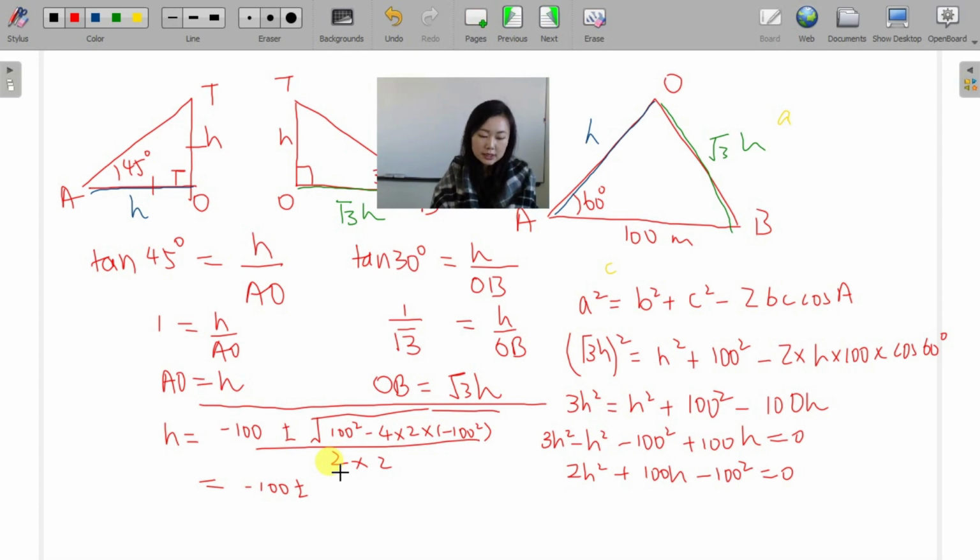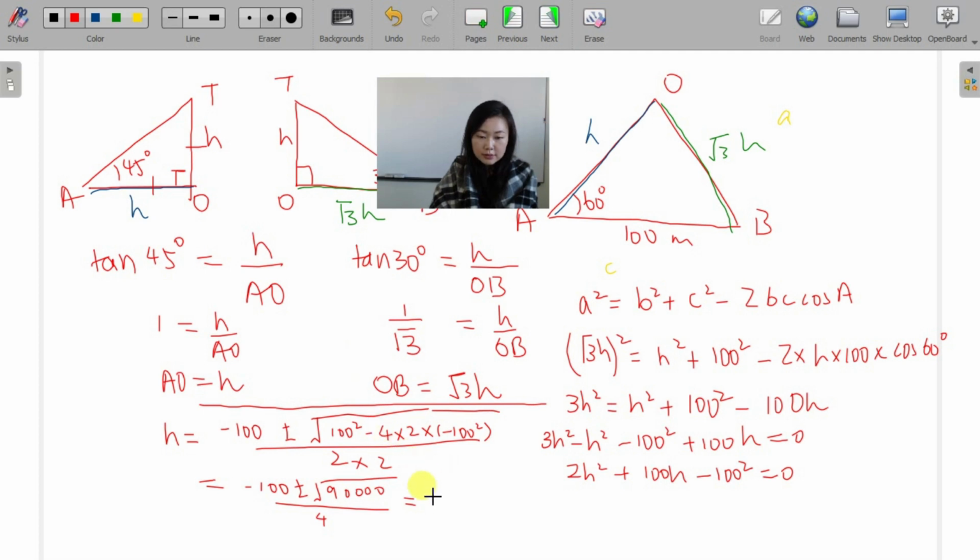It just makes it easier to put into the calculator. So that should be 90,000. Okay, and then you put that into the calculator again. So do the plus and minus components separately.